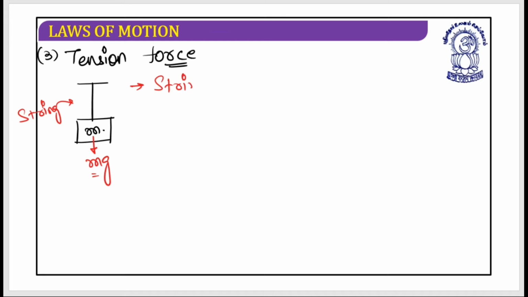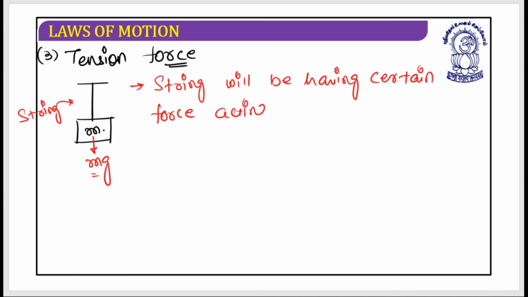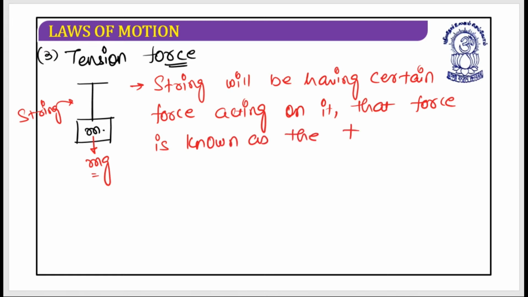the string will be having a certain force acting on it. That force is known as the tension force.